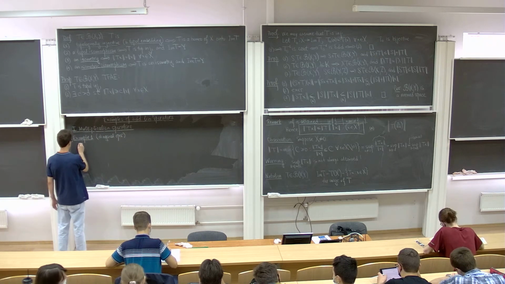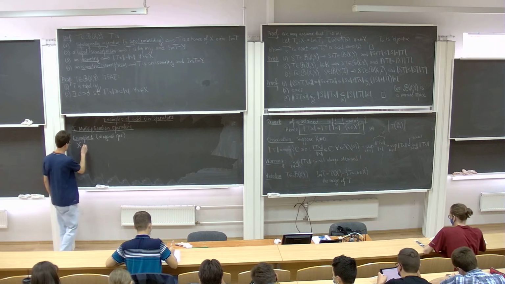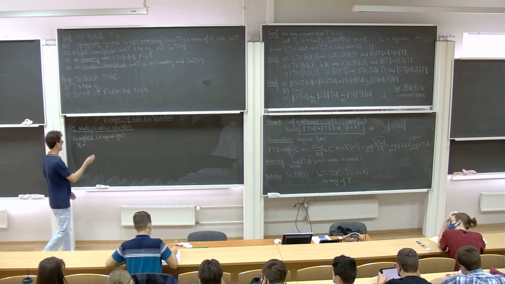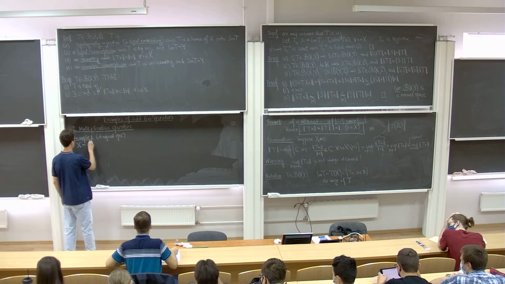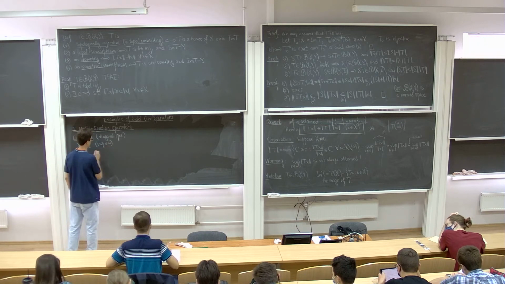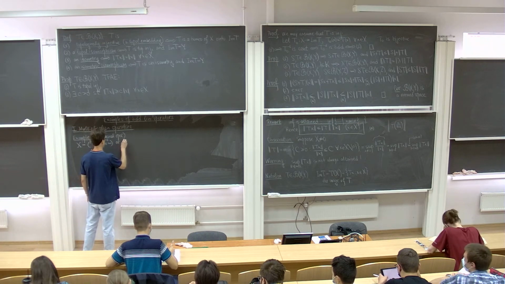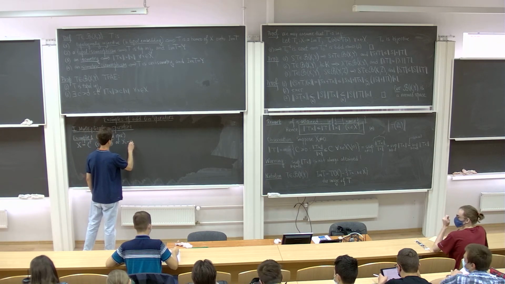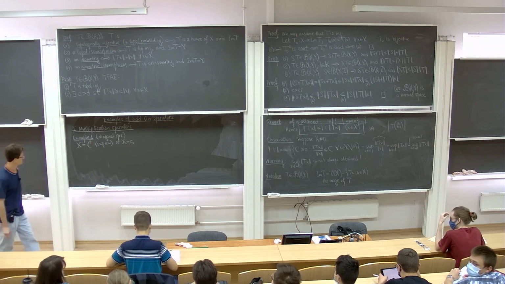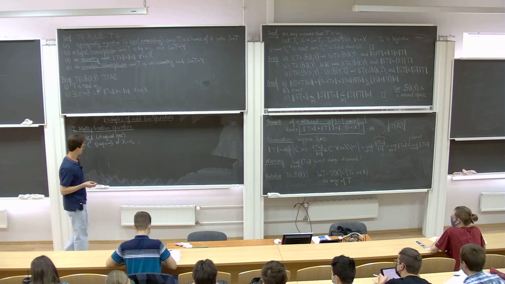We denote by x any of the sequence spaces that we know. So this can be either the little l^p space, where p is between 1 and infinity, including infinity, or it may be little c0. The little c0 space consists of those sequences which vanish at infinity. So this is the space where our operator acts.